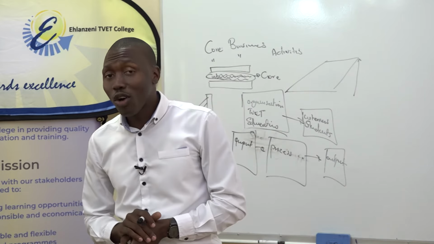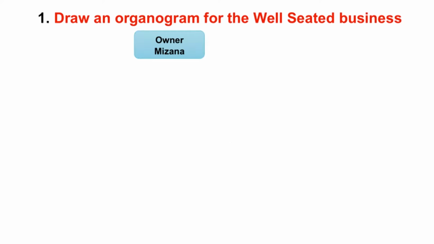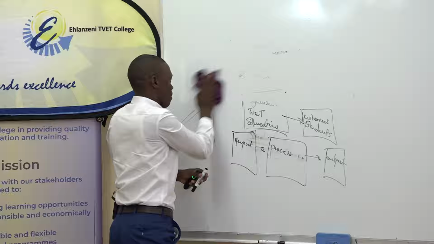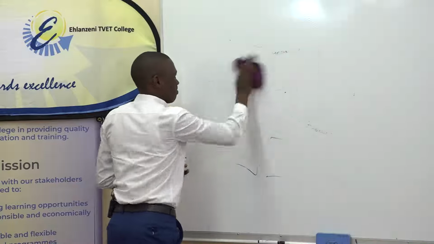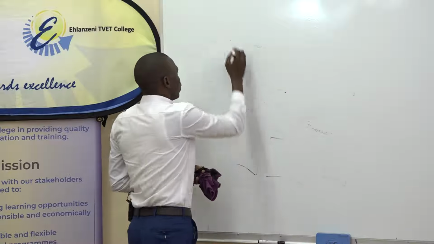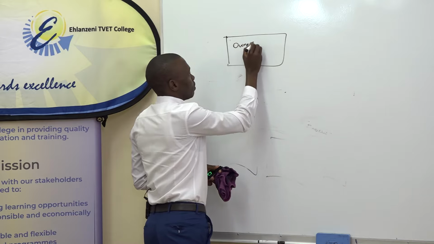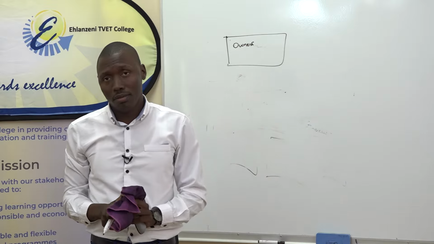Now, when drawing the organogram for Well-Seated business, the first person is going to be the owner, Mizana. Now, let's draw the organogram. It's going to be the owner of the organization. When drawing an organogram, we start on top.